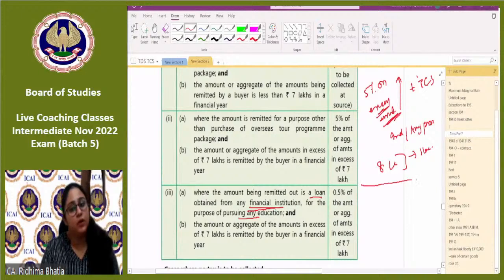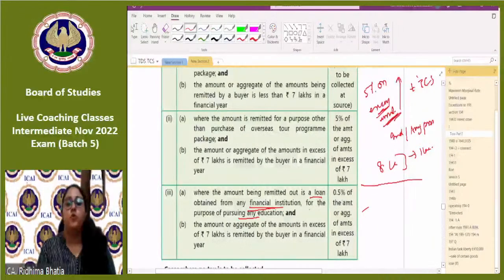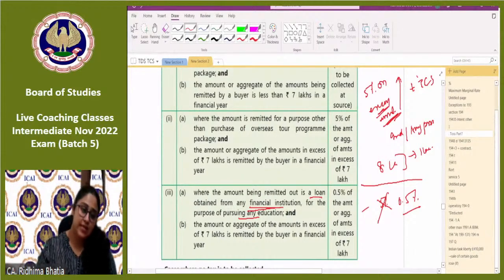Suppose your registration at Harvard is done. To send money to Harvard, you will go to the authorized dealer, and it will be a foreign remittance. If you have taken that loan from a financial institution, in that case instead of 5%, the TCS rate would be 0.5%. So if you're remitting more than 7 lakhs for education through a loan from a financial institution, then on the excess amount, 0.5% would be considered, okay?